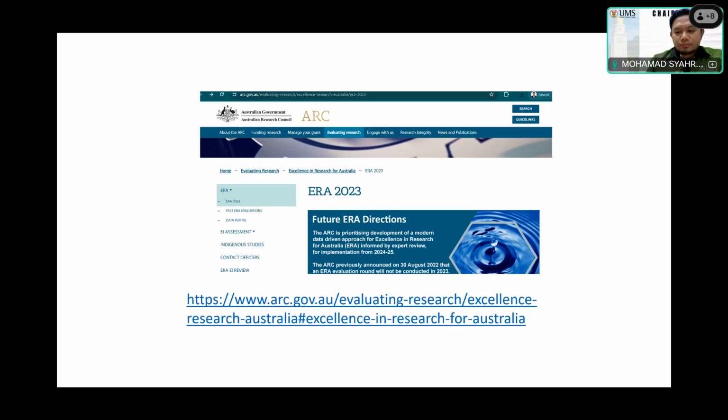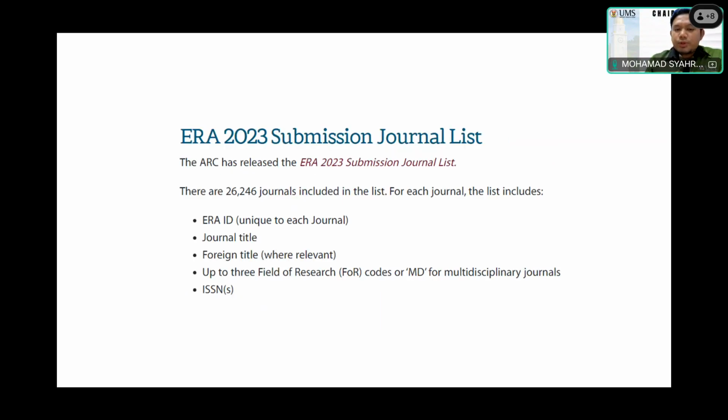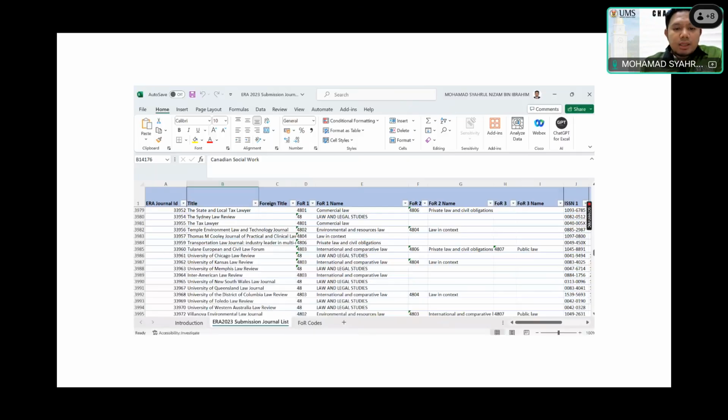Okay. So no Q1, Q2 here in ERA, just listed under this. Okay, very manual because they provide just the Excel. So if you are going to publish here, please check.